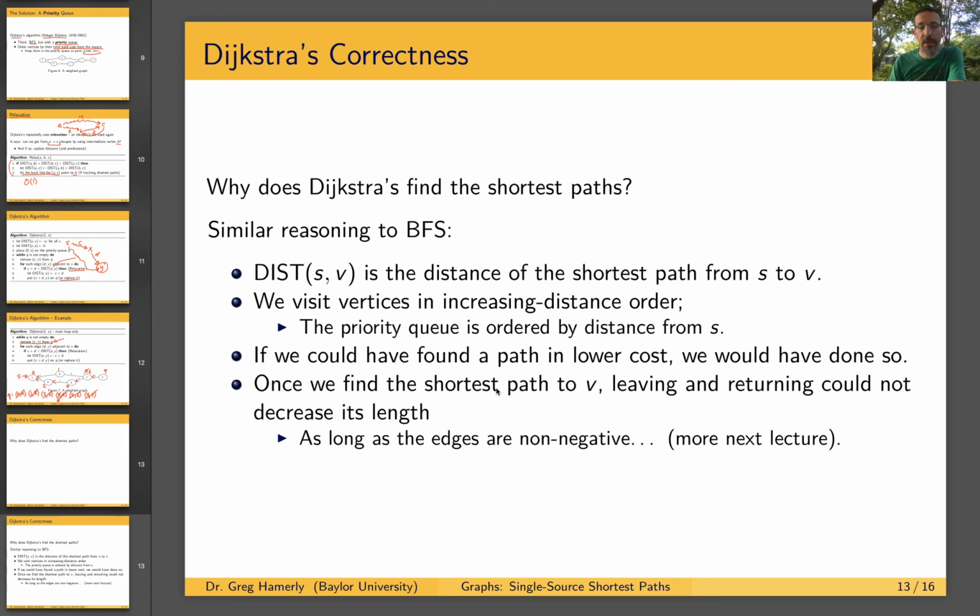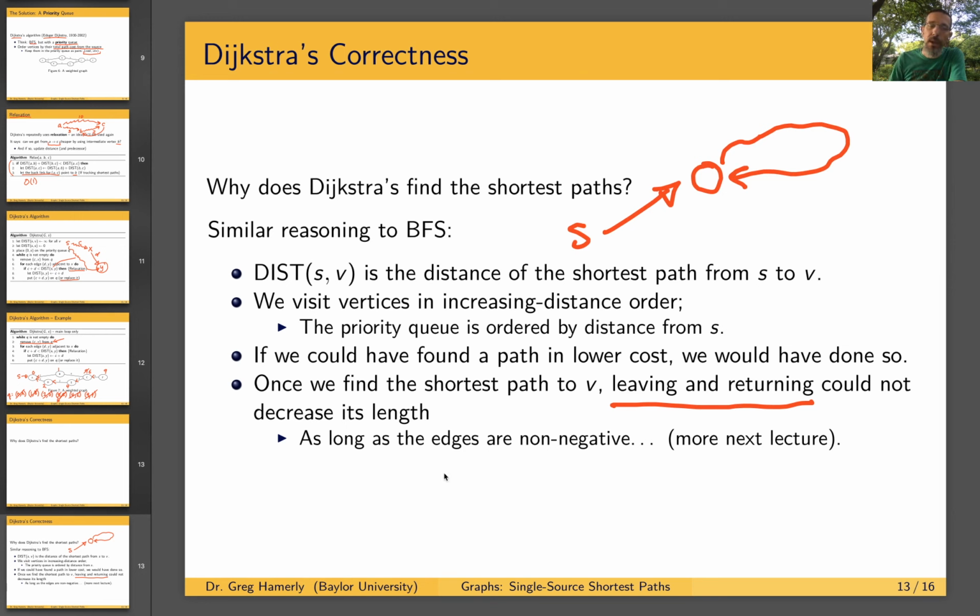Another way of thinking about this is leaving and returning: once we've discovered a vertex and its shortest path, we couldn't then leave this vertex and come back via some other intermediate route without increasing the distance to this vertex.